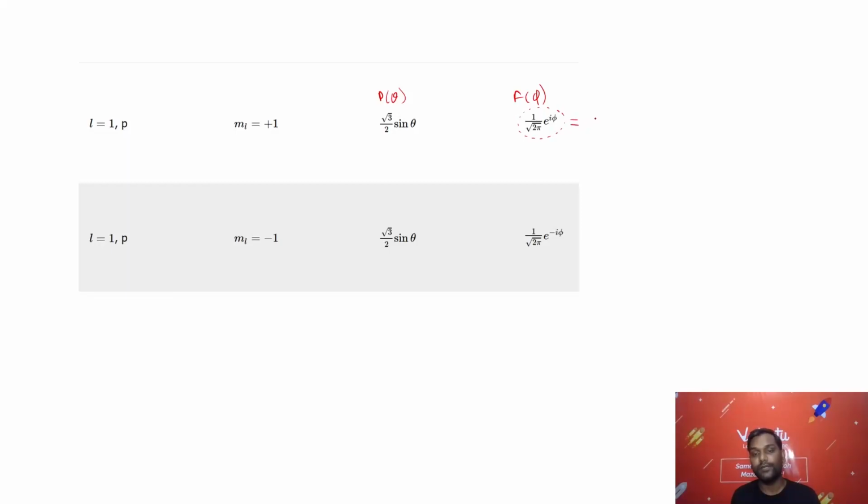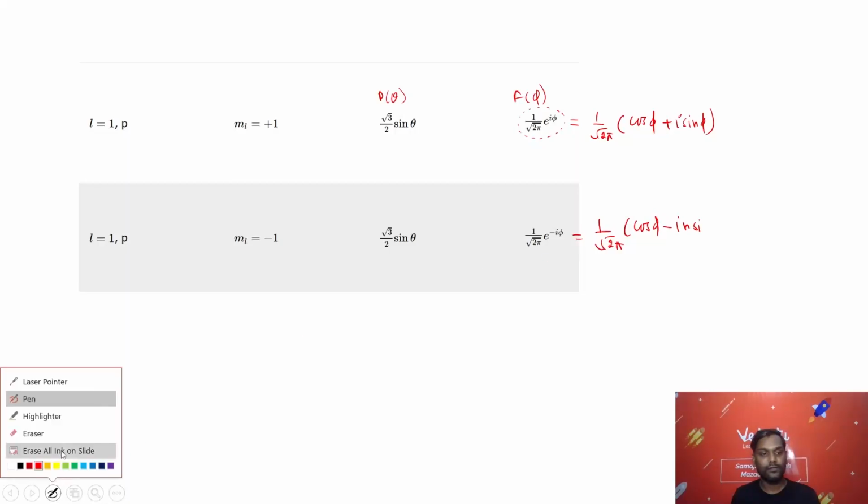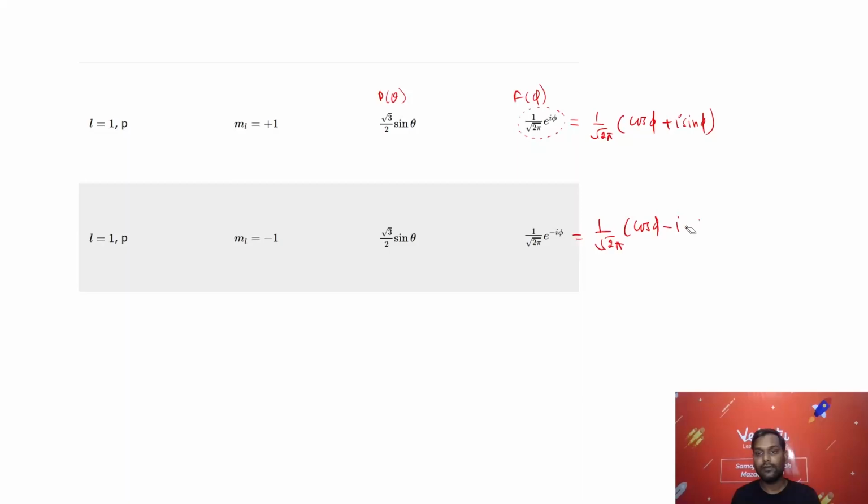If you open this, this becomes 1 upon √2π (cos phi + i sin phi), and for -1 this would be 1 upon √2π (cos phi - i sin phi).